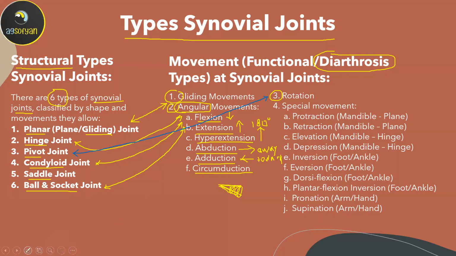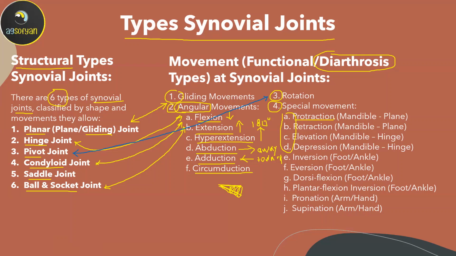And the last one is called the special movement. These are special movements in special areas, like, for example, the mandible or lower jaw, where you can move in four types of movement. When you move your jaw forward, this is called protraction.